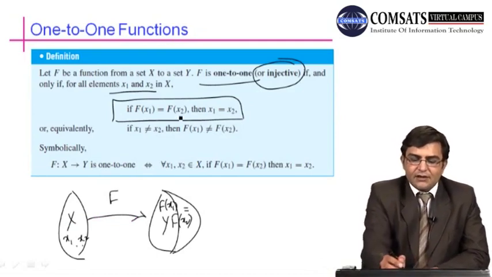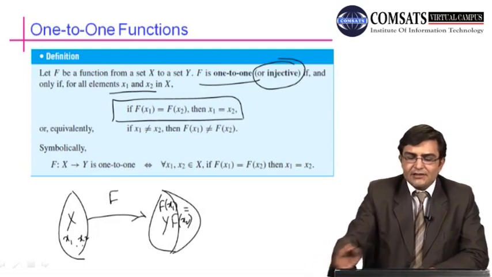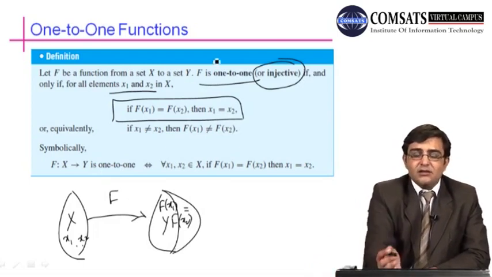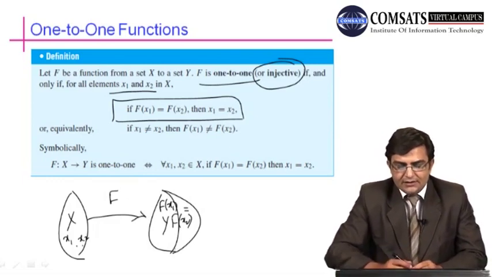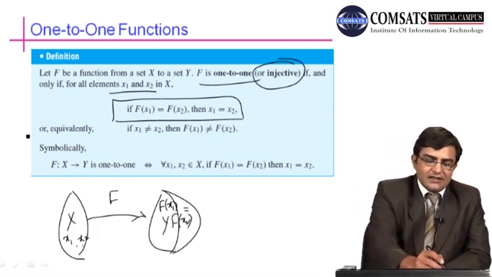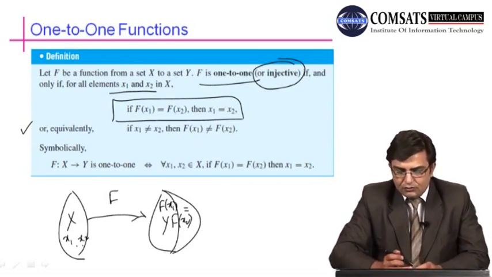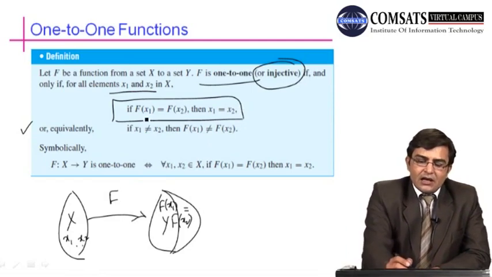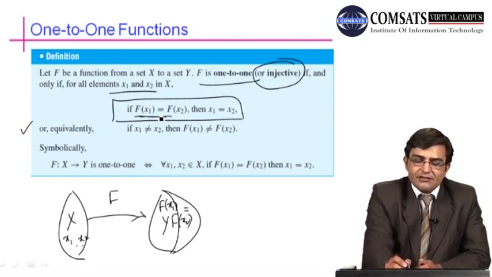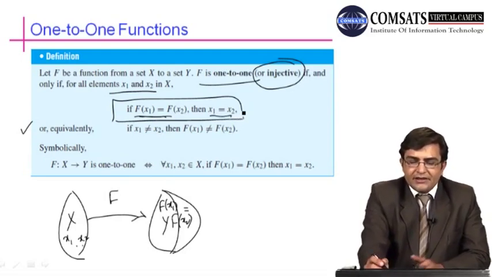If the element of y is 1, then the element of x is 1. Equivalently, in this definition, first we check the image. If there is one image, then the pre-image is one. This is how we can interpret it.